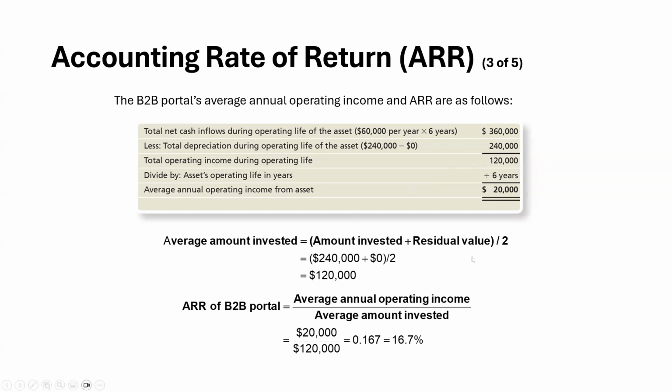In other words, it is the asset's initial cost plus the asset's residual value, divided by 2. Remember that book value is cost less accumulated depreciation. Because the business-to-business portal does not have a residual value, the average amount invested is $120,000.